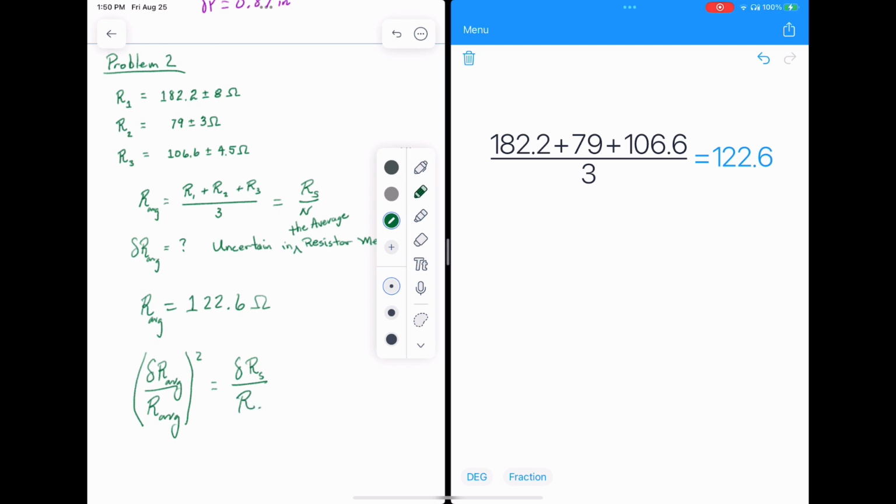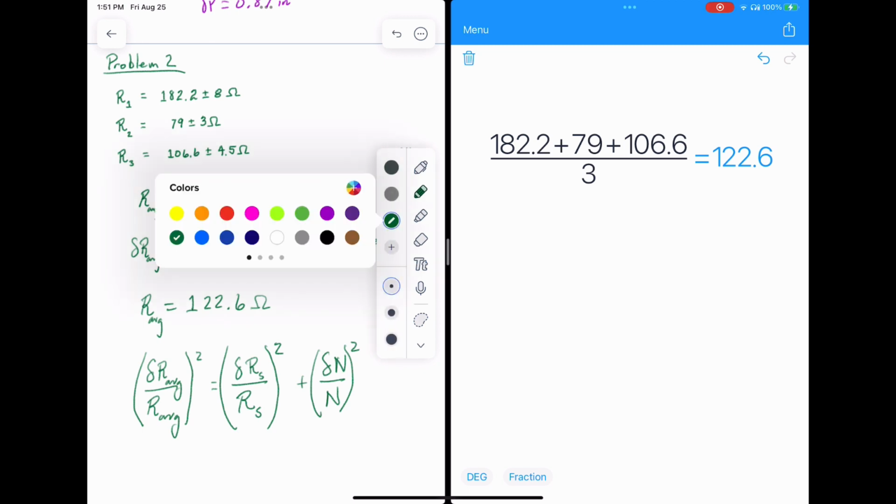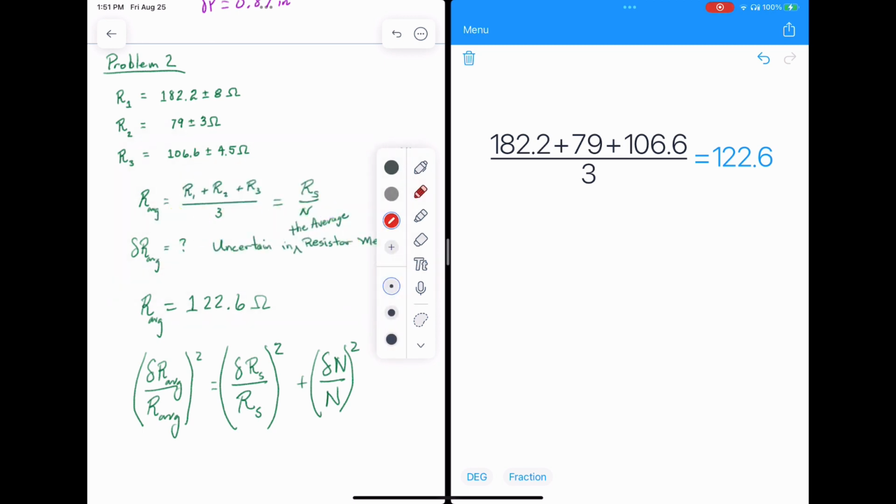So this is the uncertainty of the sum of the resistance plus delta n, which in this particular case, we are using three different measuring devices. The n, we're certain that we have three different devices, so that piece will just go to 0.